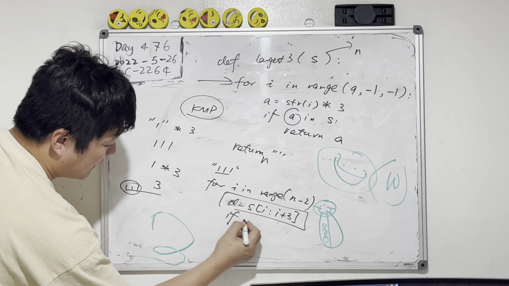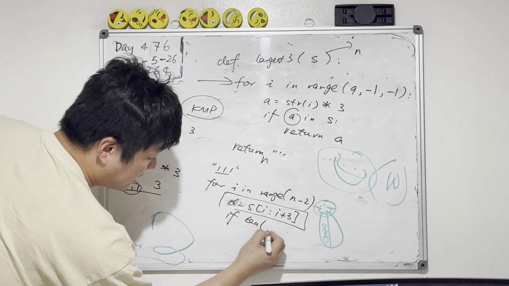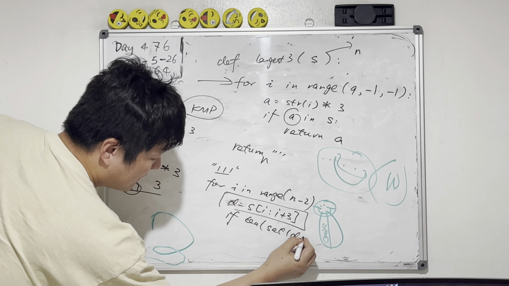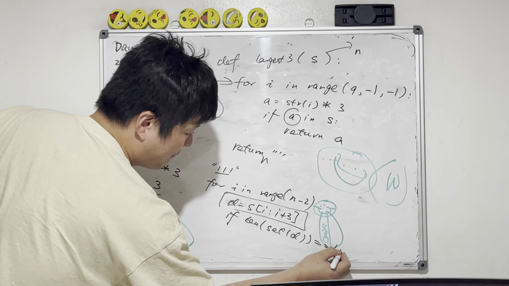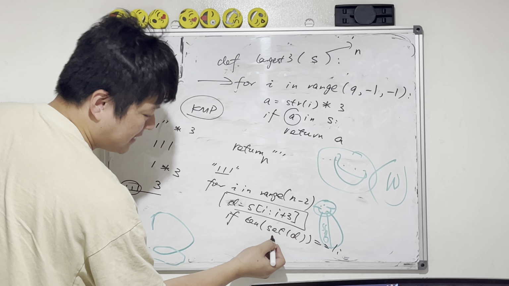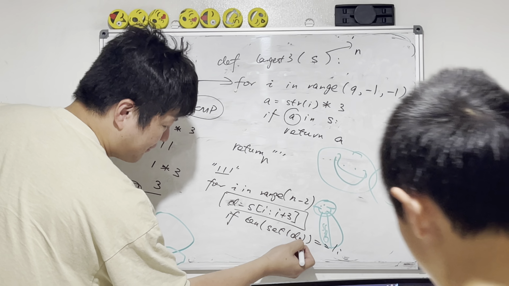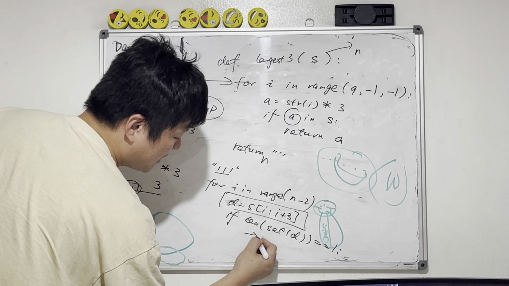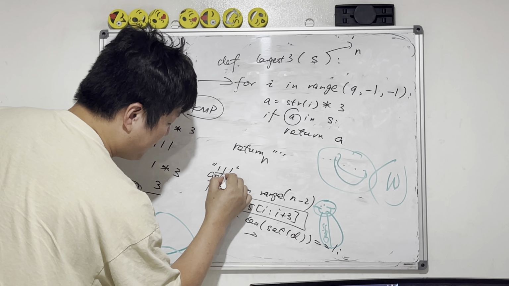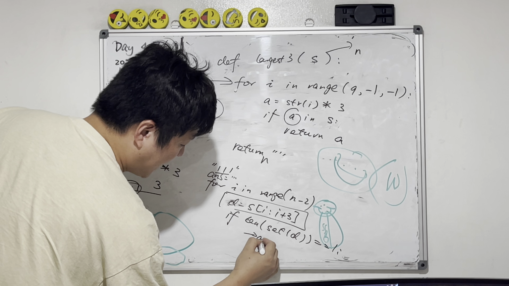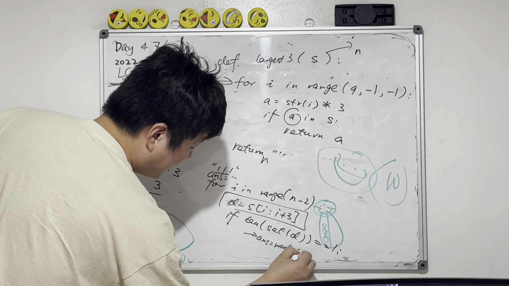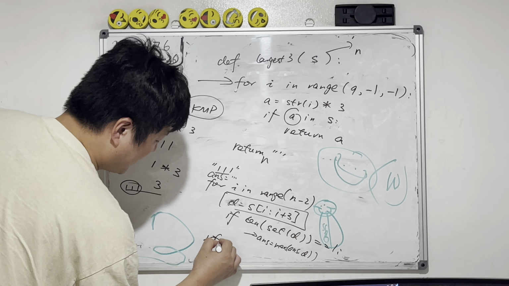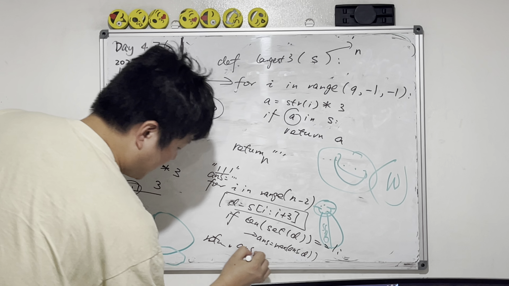If the length of the set of d is 1, meaning it only contains one unique number, then we remember this answer. The answer at the beginning is empty, and we set answer equals the maximum of answer and d. Finally we return this answer. This is the first way of doing it.